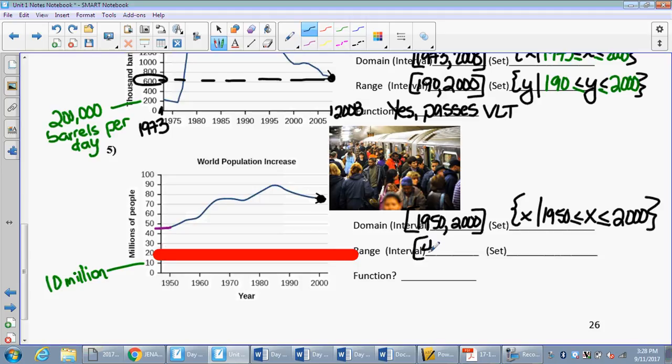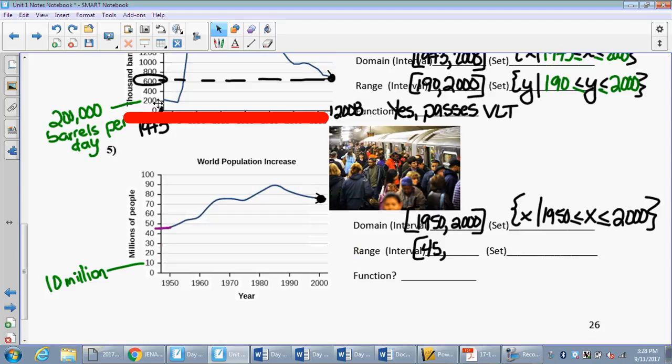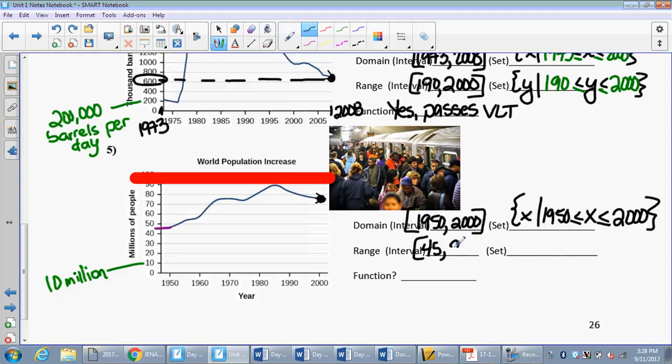I would accept 45 or 46. And then when I come in from the top, 90. And I'm done. All I need to do is drop this into my set notation.